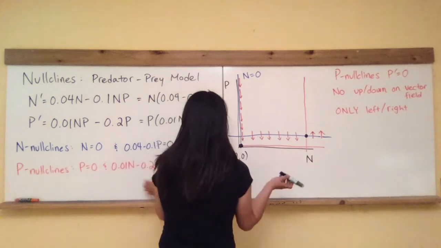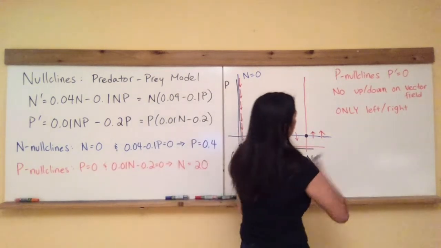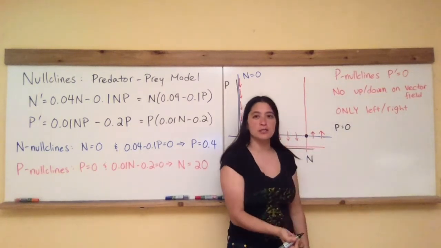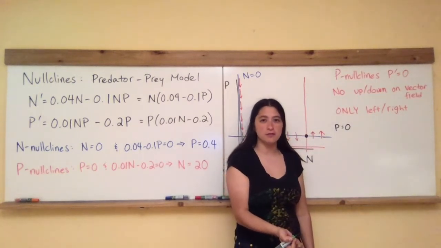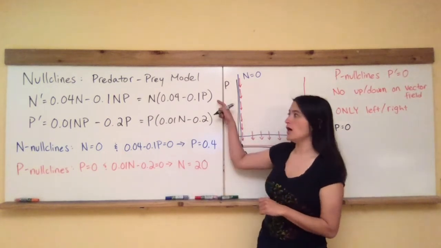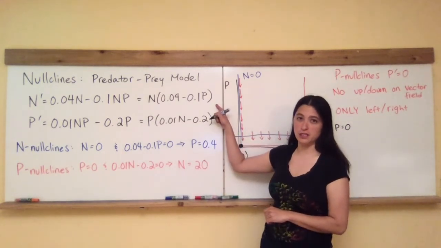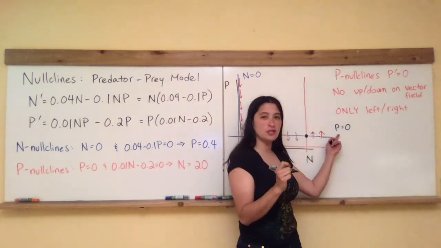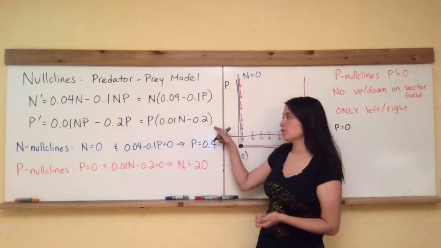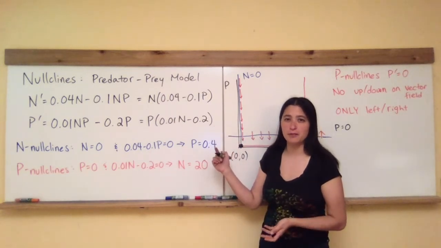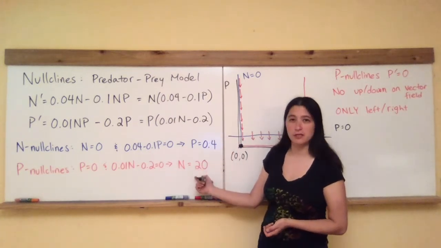Okay, so we'll just start with the first, more simple p nullcline, which is p is equal to 0. And remember that what we're going to do to analyze the vector field is plug this assumption into the non-zero differential equation. If you get confused and you plug the assumption of this nullcline into the wrong equation, so you try to plug it into p prime, you're just going to get p prime equals 0 because that's where it came from.